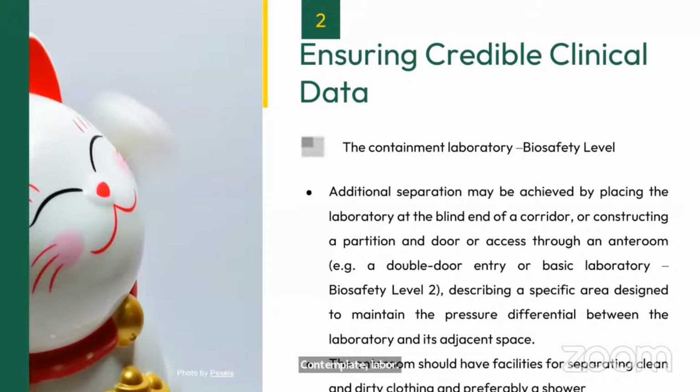The anteroom should have facilities for separating clean and dirty clothing and preferably a shower. Anterooms are the rooms placed before entering the actual laboratory. There you should be able to change clothes and, if required, take an appropriate shower before entering the laboratory.